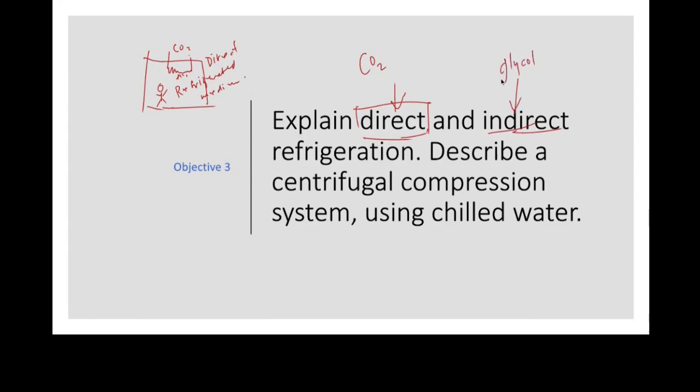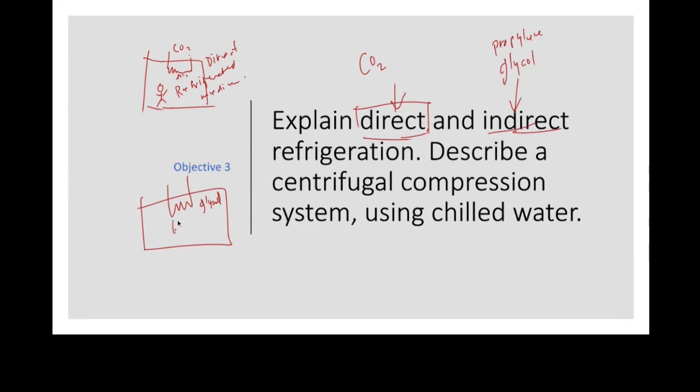glycol. As a matter of fact, we had a little circulating pump, and it was propylene glycol that was in that system, and we circulated that through the refrigerated space. So here's our glycol in here, but there's no chance that the gaseous refrigerant could escape into the room.